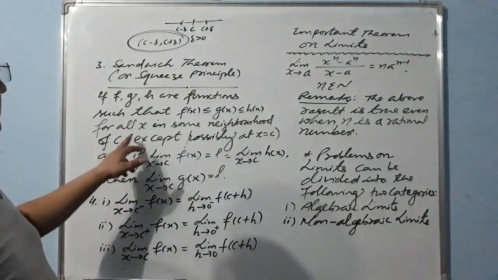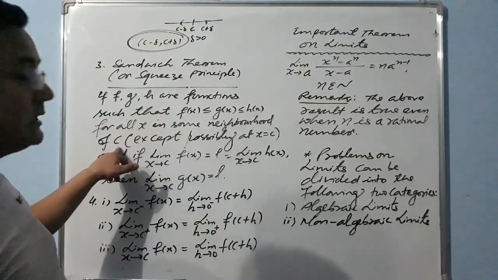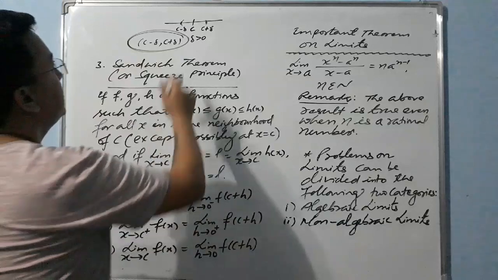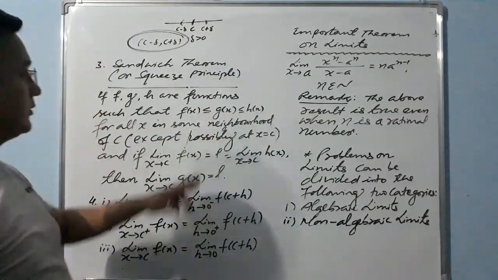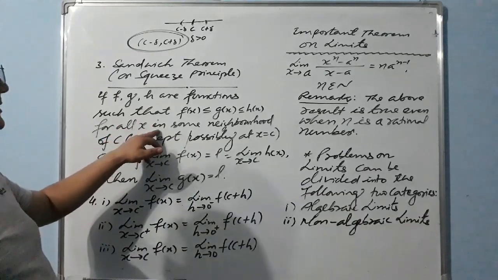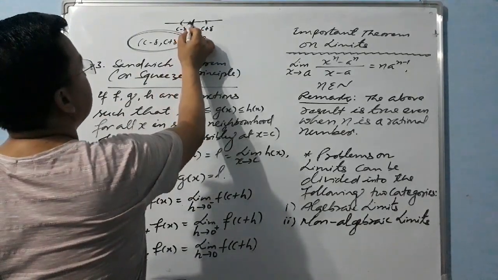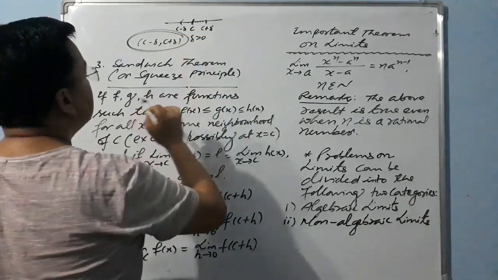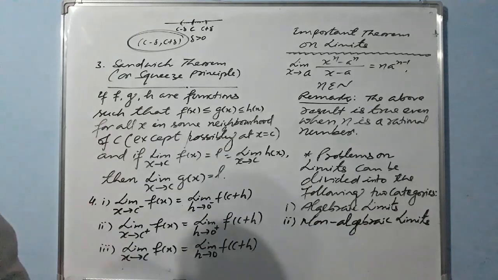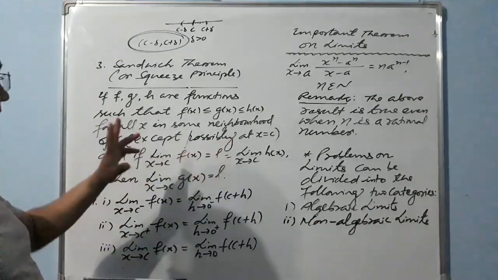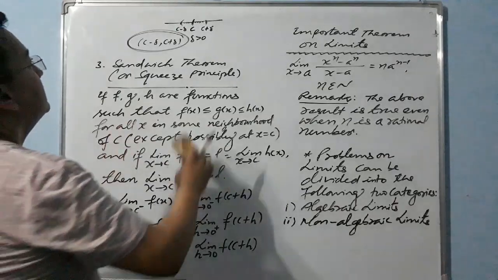So for all x in some neighborhood of c, but not c. This condition should be satisfied for any value near about c, any value of x, but not c, right? Except possibly at x is equal to c, only in some neighborhood of c, right?